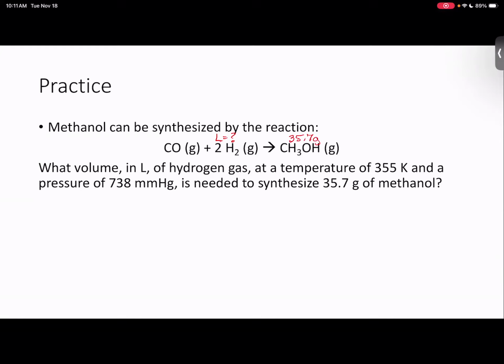So we're going to take that 35.7 grams of methanol, and our first task is going to be to convert that into moles of methanol. We convert the mass of methanol into moles of methanol by using the molar mass of methanol, which is 32 grams of methanol is equal to 1 mole of methanol.